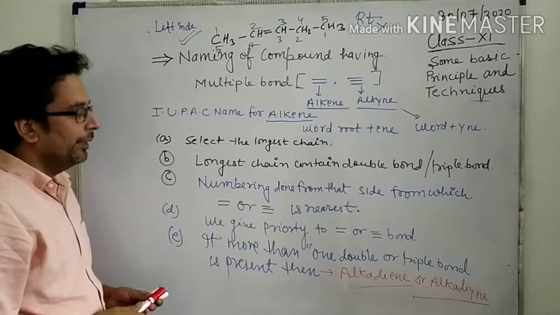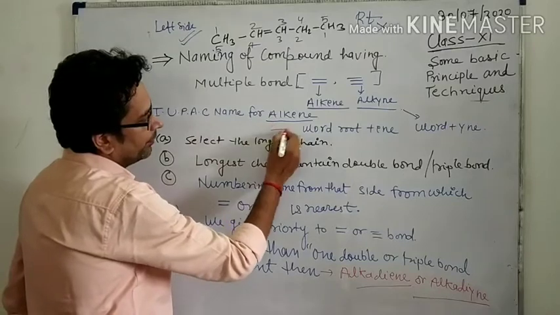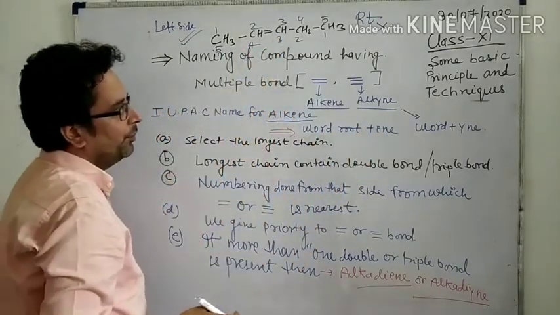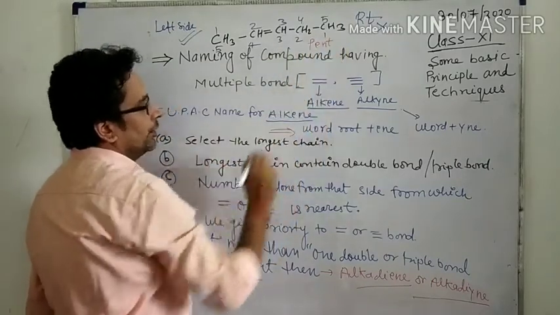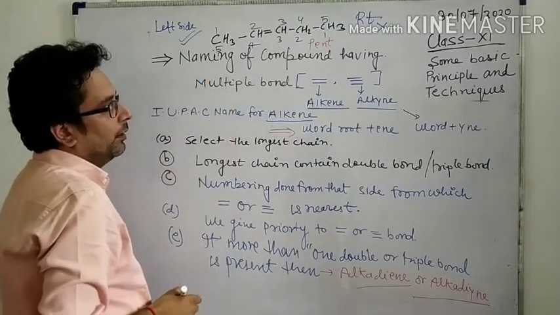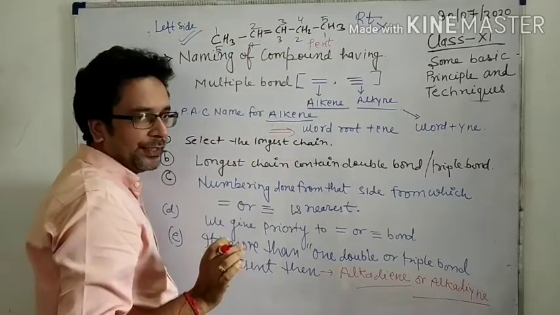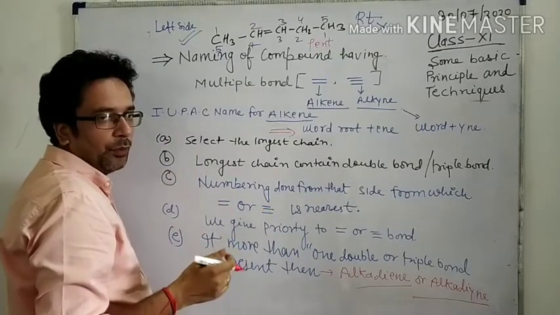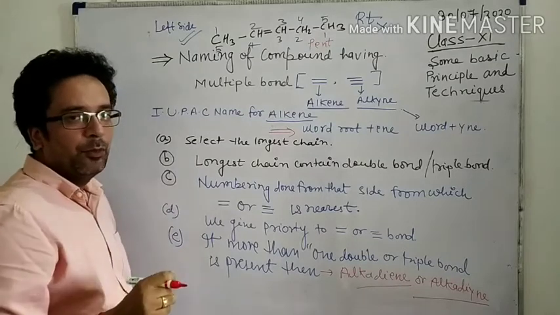Now what is the name of this compound? Look here, alkene: word root plus ene. Five carbon is pent, this is the root word for five carbon, and the compound is unsaturated, so for unsaturation we use ene. Before writing the ene, we indicate the position of the double bond.